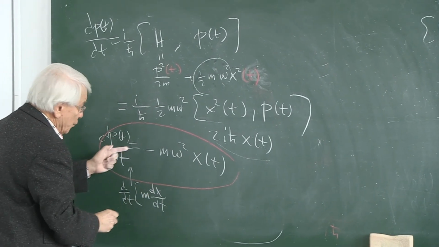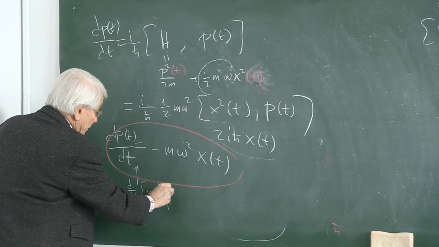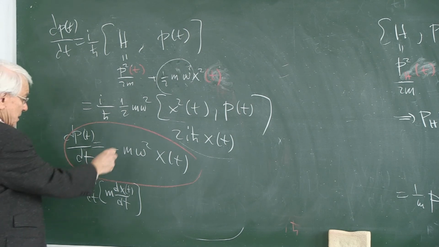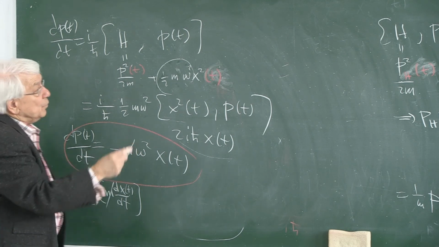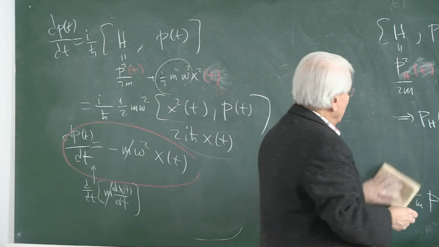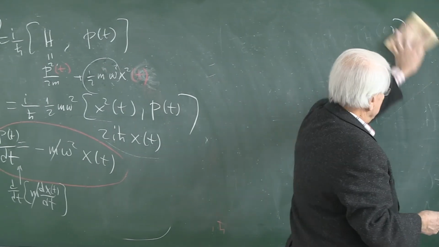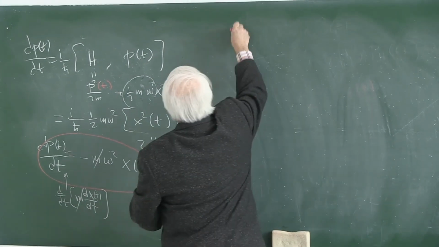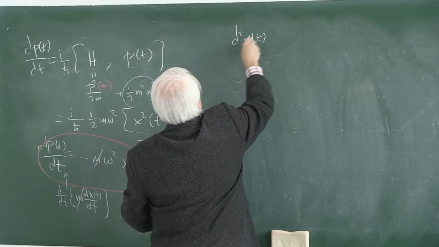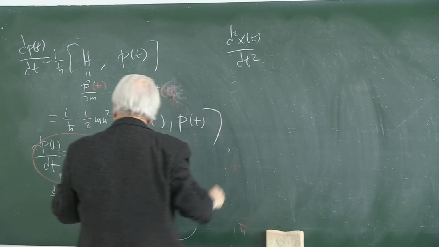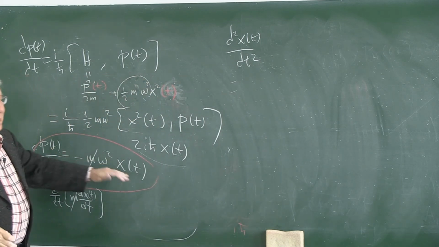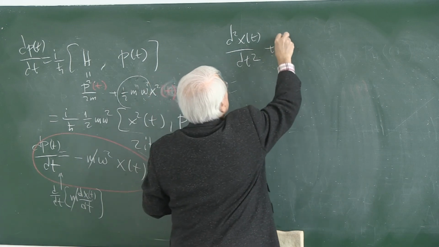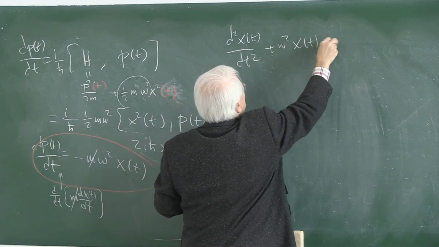I am substituting for p what I have obtained from there. That's the left-hand side, that's the right-hand side. The m's cancel. So what I get is the second derivative: d squared x of t over dt squared is equal to minus omega squared x. Move it to the left-hand side: plus omega squared x of t is equal to 0.